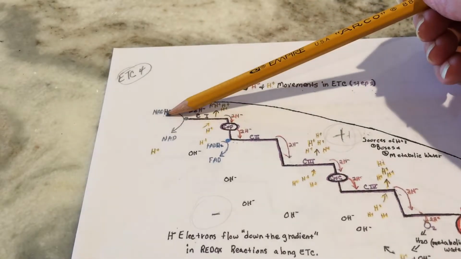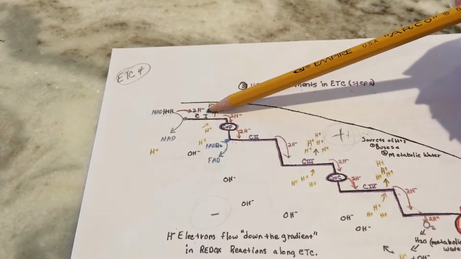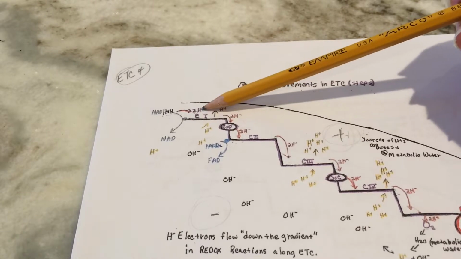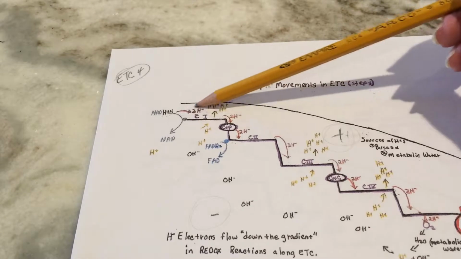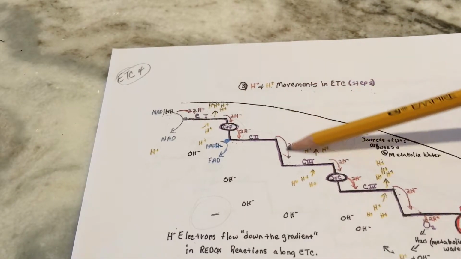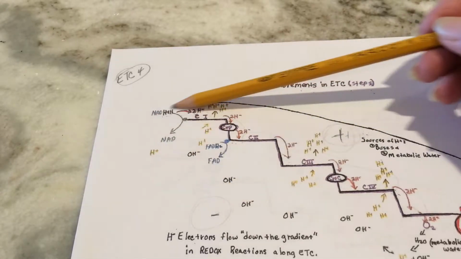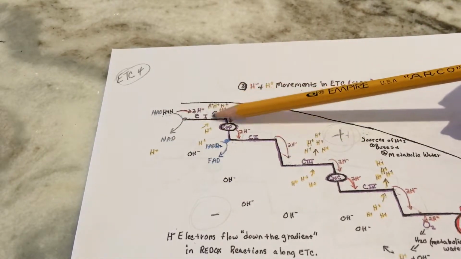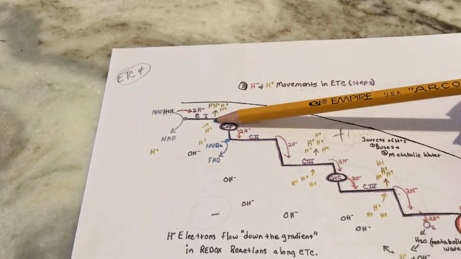The buses, this is a high energy bus, dump their electrons to complex 1, and then it goes down the gradient. All of the buses that are high energy unload their hydrogen electrons at complex 1.